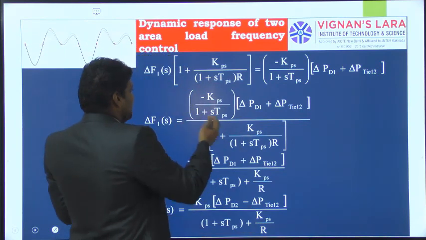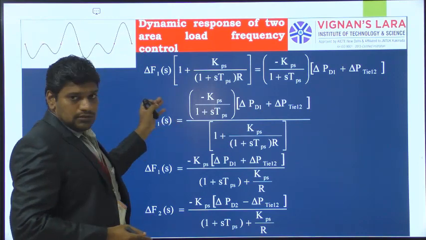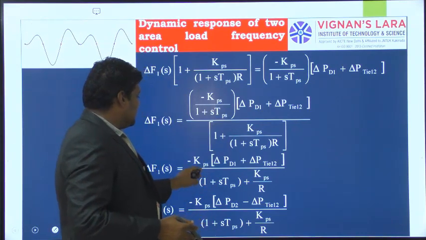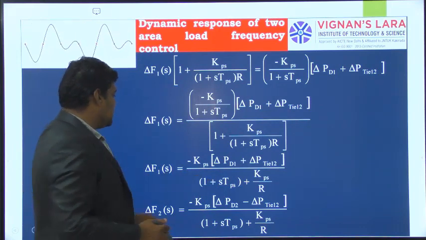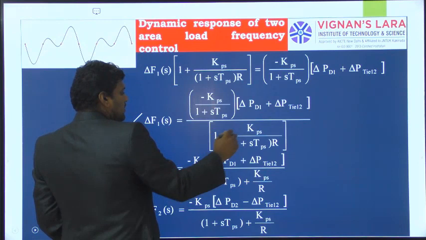If you take the LCM, it is very simple mathematical modeling. Just take the LCM, and this will be the denominator: 1 plus S TPS into R.